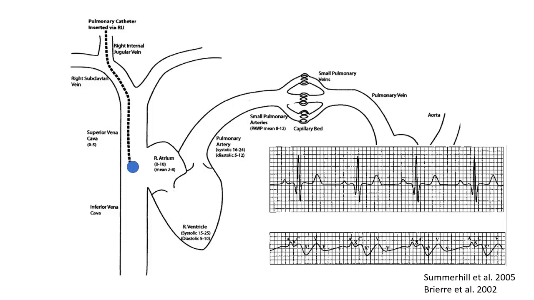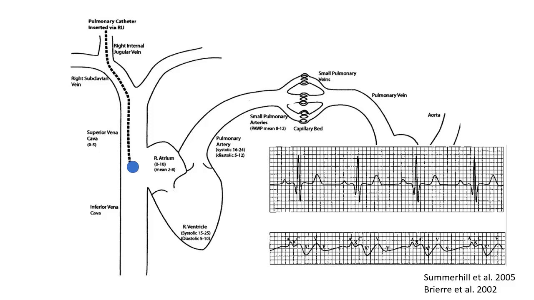Now, in terms of when we're putting the catheter in, how do we know where we are in space, because we're not seeing this in real time through the heart? We're going to be looking at our monitor. So when we insert our PA catheter, we're going to get continuous pressure readings from the distal end of that catheter.